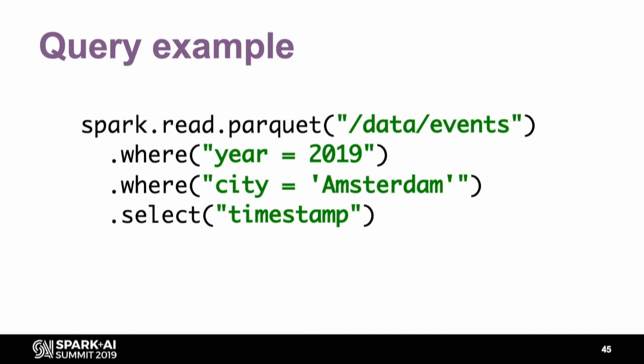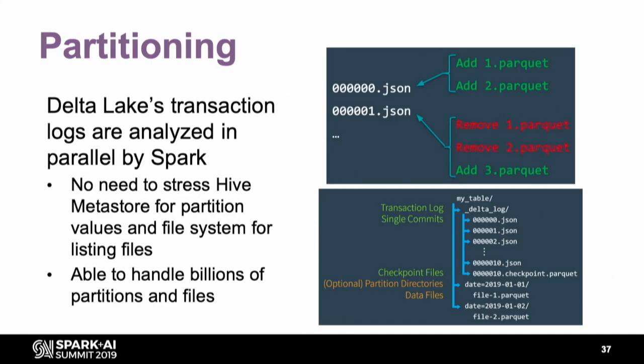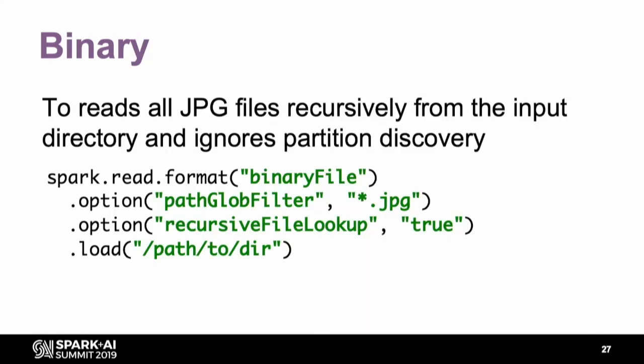Wait, the recursive one, right? I think it was somewhere in the beginning. Yes, in the binary file, right? Yeah. So yes, the target file can have many subdirectories, a lot of levels, and by default, Spark will perform partition discovery.